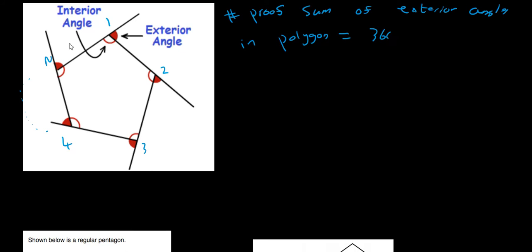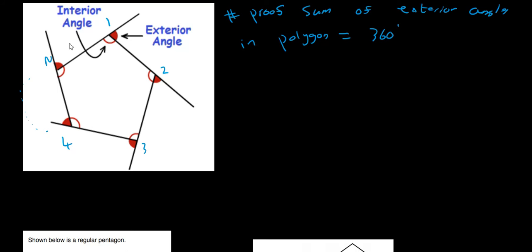Okay, so I'm going to give this a title. So proof that the sum of exterior angles in a polygon is equal to 360. This is a beautiful proof.